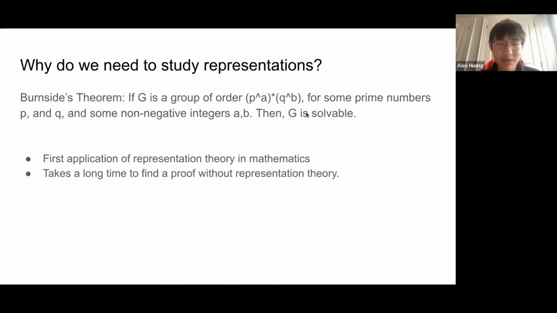It takes a long time to find a proof without representation theory. If a mathematician wants to prove Burnside's theorem without representation theory knowledge or machinery, it actually takes 70 years for mathematicians to use purely abstract algebra tools to prove this theorem. So what I want to say is that representation theory is very useful in mathematics, especially in algebra.